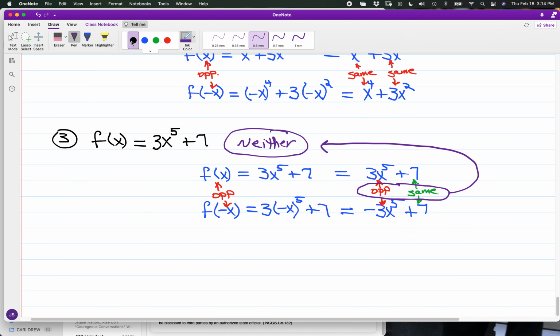Say for this remaining case, I have f of x equal to x to the fourth plus 3x squared, and say we have minus 1.